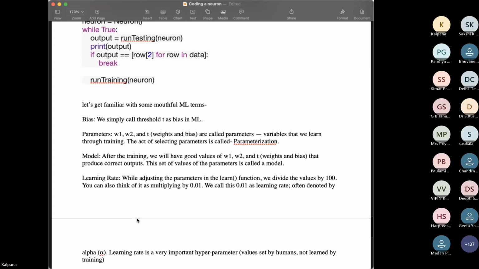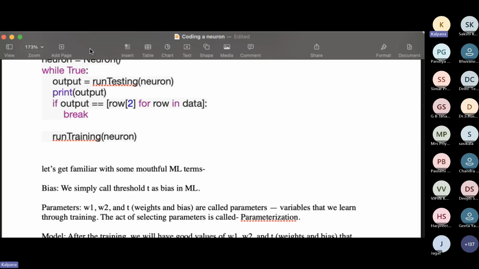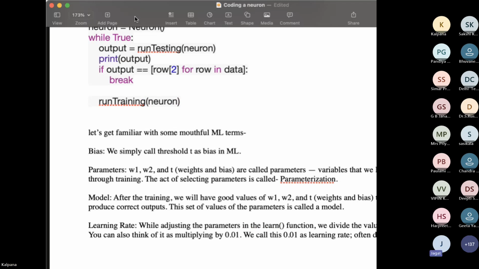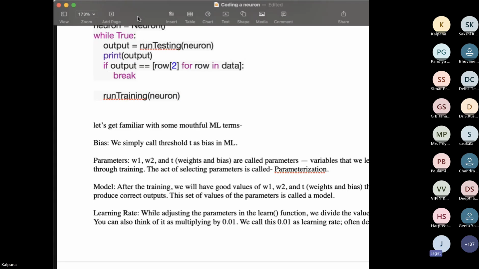Am I audible now? Ma'am, am I audible now? Yes, slightly you are audible, though the voice is cracking, but you can speak. Ma'am, I want to know which model is best fit for... Jagat, your voice is cracking in between, and it is very difficult to make out what you are speaking.